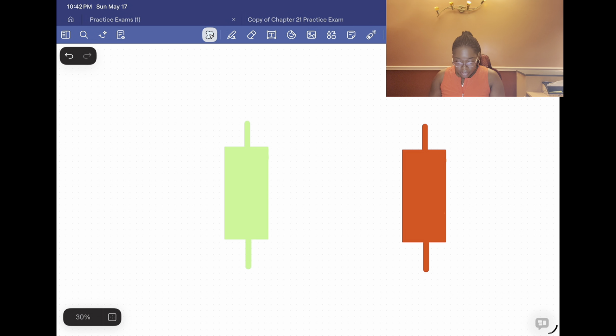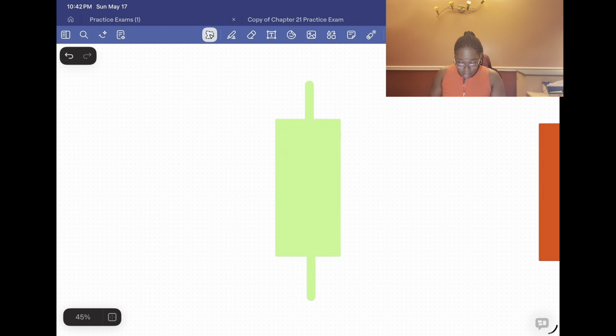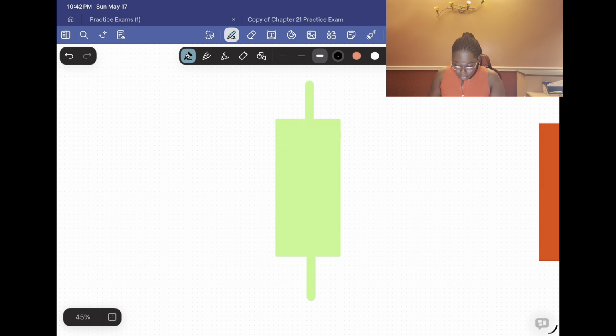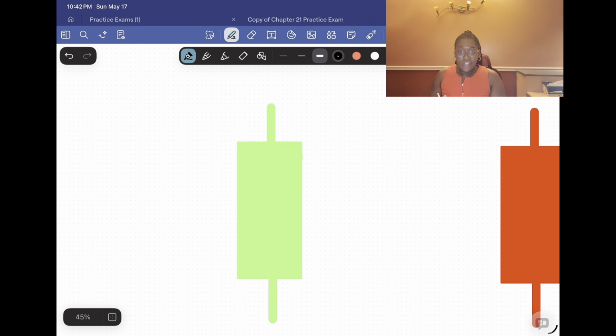So here, let's start with this one, with the green candlestick. Let me just use black. Okay, so like I said, with the green one, you start at a certain level for price, and then you end with price action moving upwards.